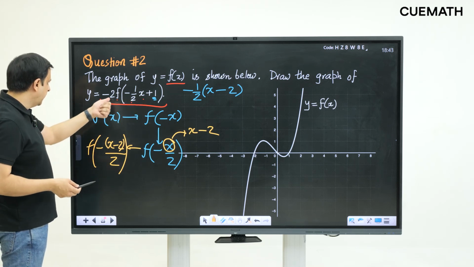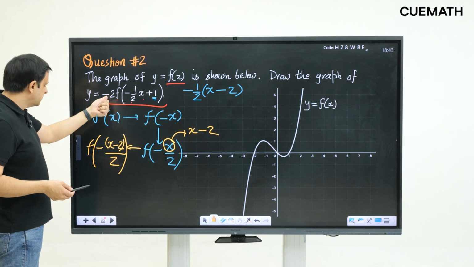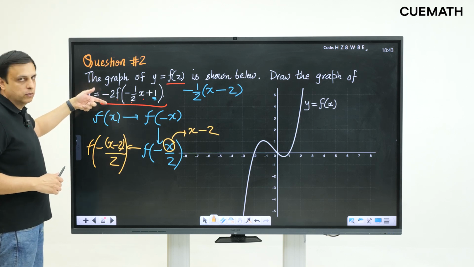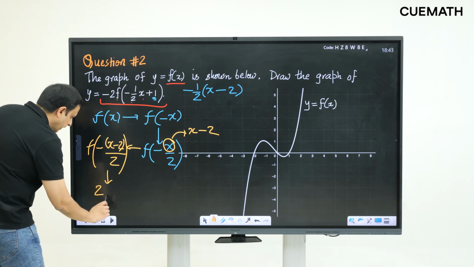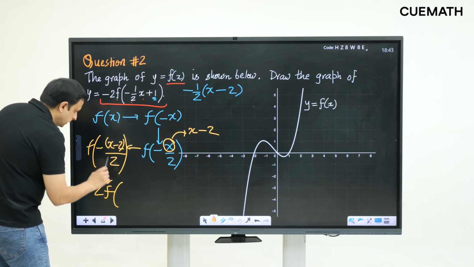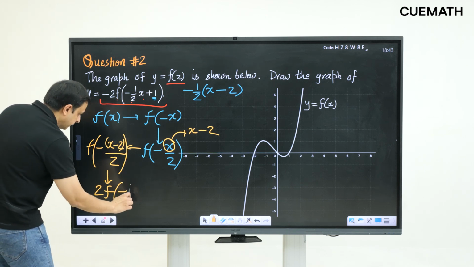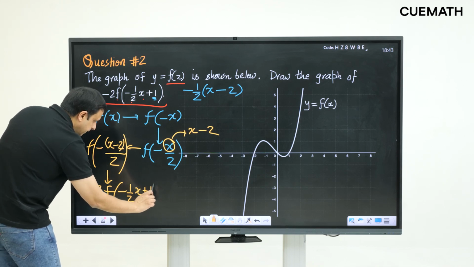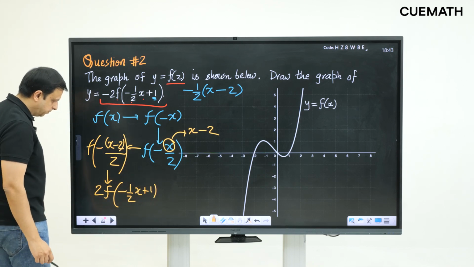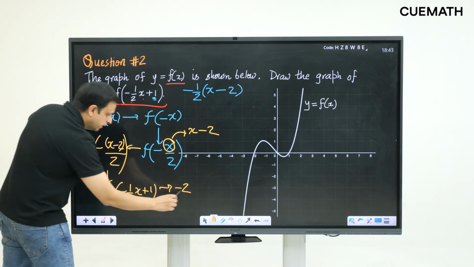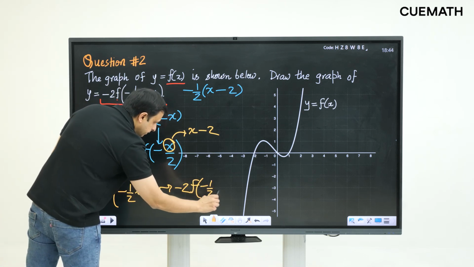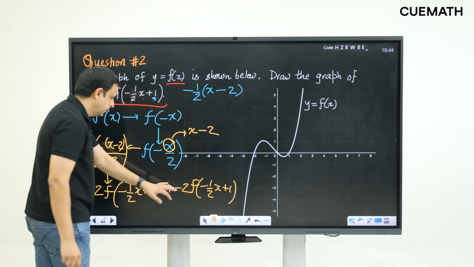Then I can just double this and then reflect it about the x axis. So maybe first I double it to get 2f(-½x + 1), and then in the last step I will multiply it by -1, and that will give me -2f(-½x + 1). That's the last step I really need.